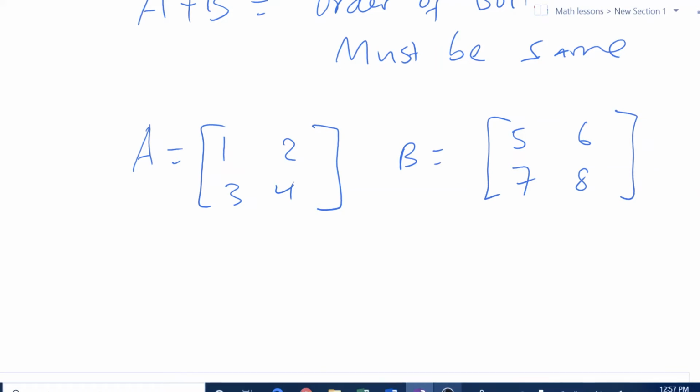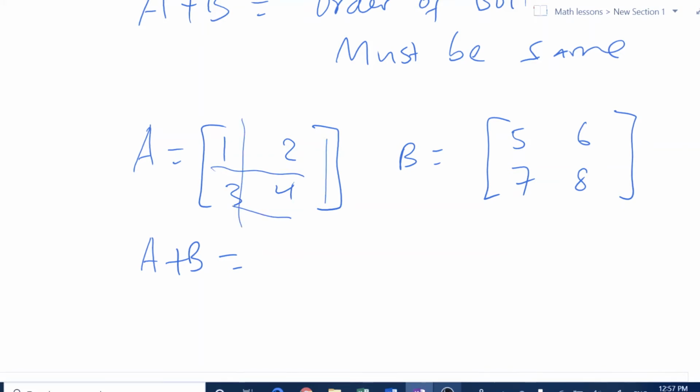In order for me to add A plus B, the first step is to know the order of the matrices. A has 2 rows and 2 columns. Similarly, B has 2 rows and 2 columns. So this is 2 by 2, and this is 2 by 2.